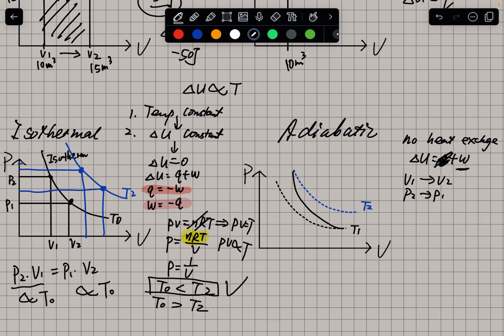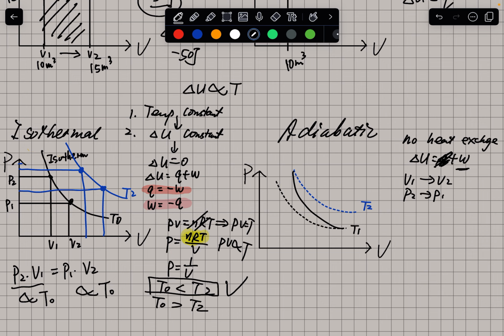Since the work is being done and no heat exchange is compensating for this process, I do have a drop of temperature from T2 to T1 as I do the work. That's why this graph is steeper than the isothermal one.